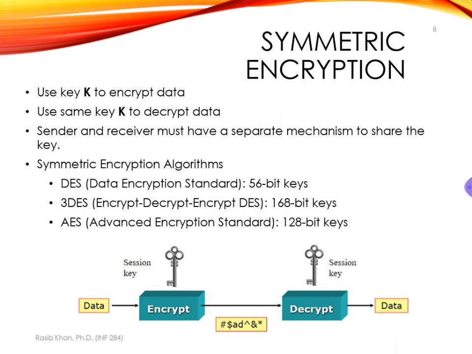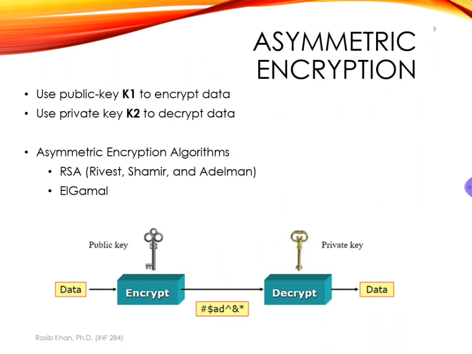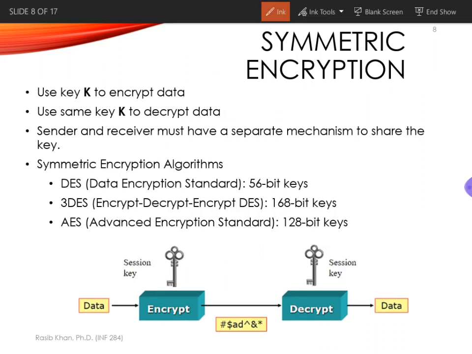So let's take a quick look at what symmetric and asymmetric encryption looks like, both of which are supported by different VPN protocols. First, for symmetric encryption, if you're trying to send a piece of data, we first encrypt the data using what we call a session key.